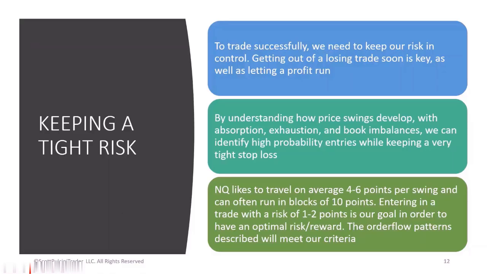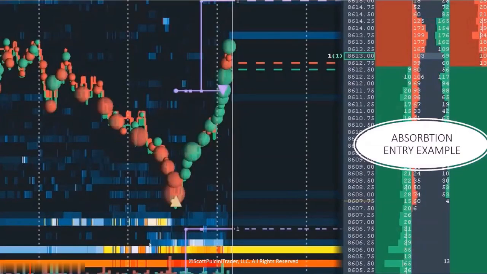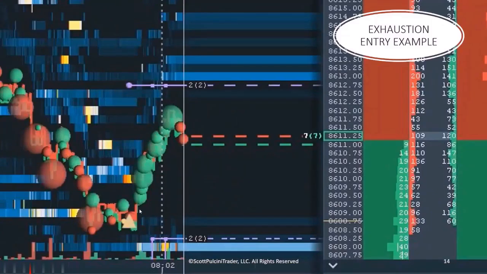Okay, let's see some example trades. Price comes down to a level, there's some liquidity down here, but it gets front run, and there's a peak of selling activity down here. Let me go back for a second.